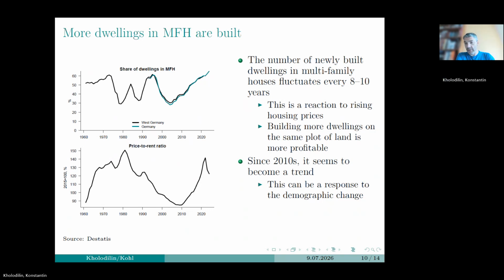So when demand increases, rent increases too. When supply increases, the rent is expected to, at least, if not decrease, slow down. But in the case of prices, we have a phenomenon of speculation, which is not present in the case of rental dwellings.